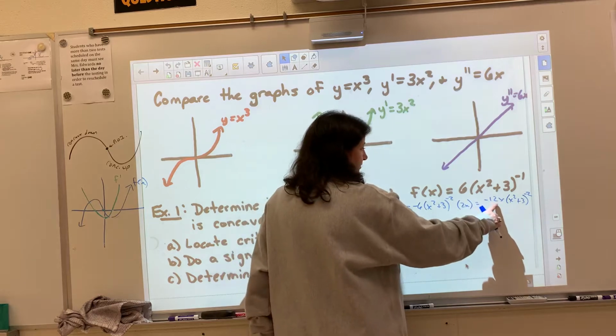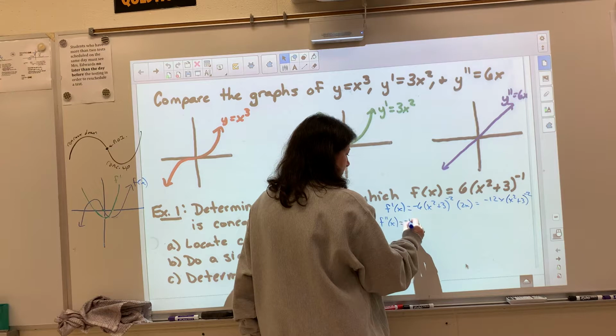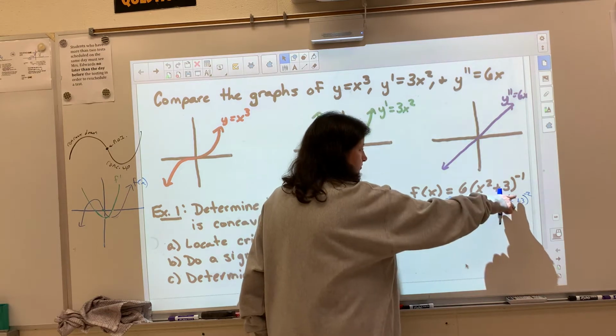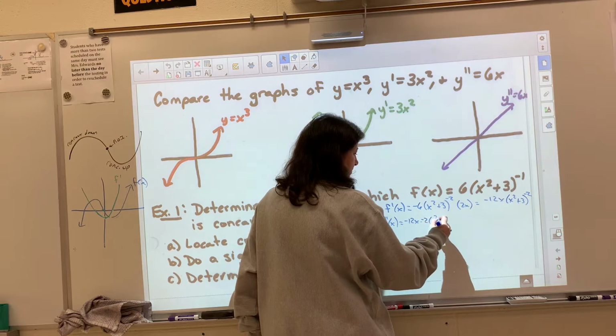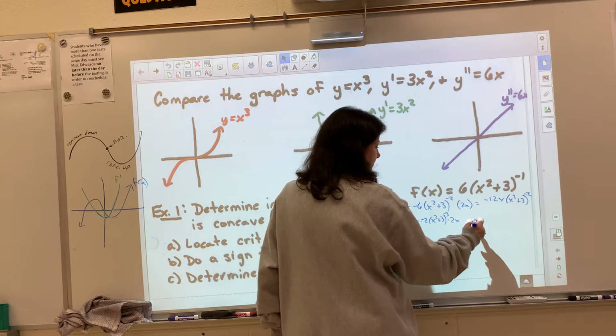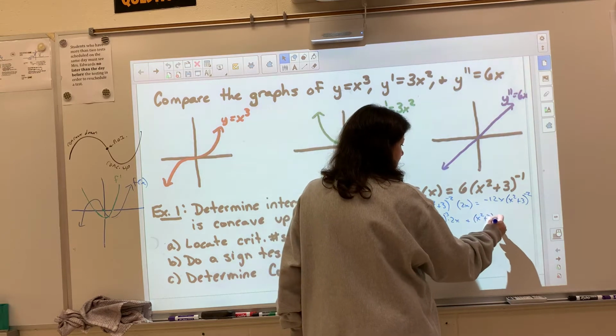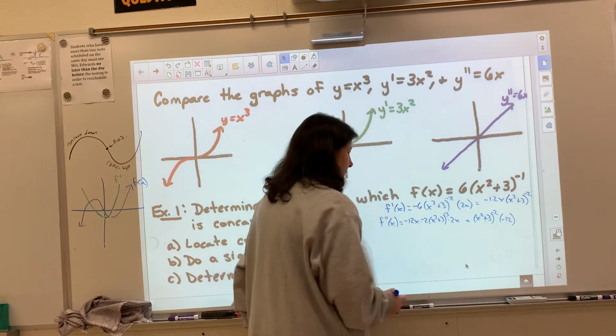Product rule or quotient rule comes out to be, if -12x hangs out, we do the chain rule, we get -2 times (x squared plus 3) to the -3 times 2x, plus (x squared plus 3) to the -2 hangs out, and the derivative of -12x is -12.